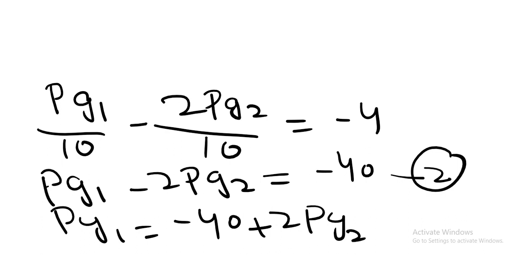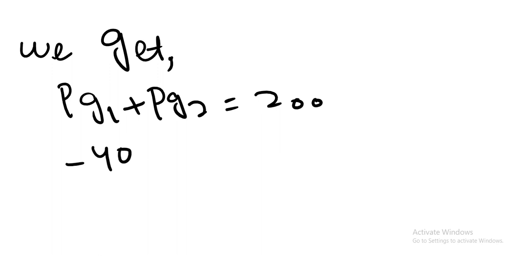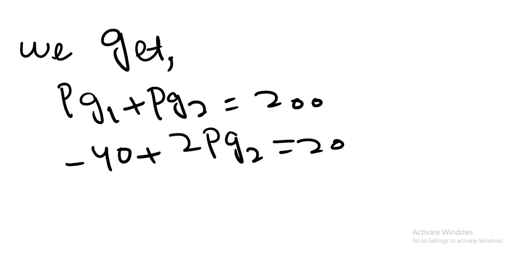Now put this PG1 in equation first. We get PG1 plus PG2 equal to 200. Since PG1 equal to minus 40 plus 2 PG2, therefore minus 40 plus 2 PG2 plus PG2 equal to 200.